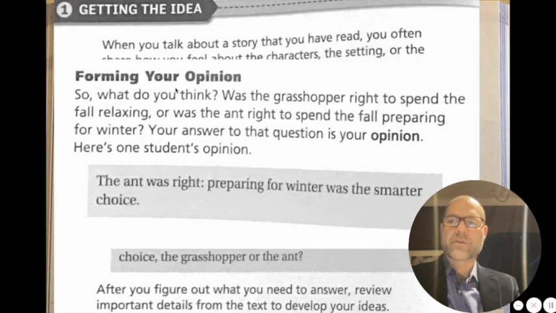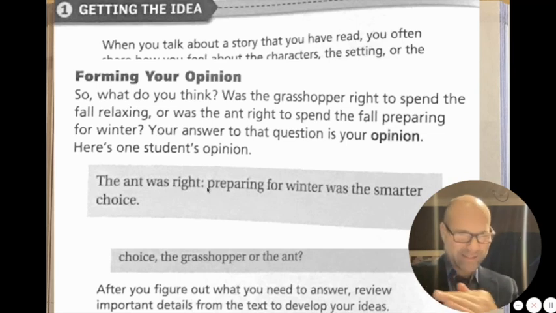So, forming your opinion. What do you think? Was the grasshopper right to spend the fall relaxing, or was the ant right to spend the fall preparing for winter? Your answer to that question is your opinion. Here's one student's opinion. The ant was right. Now, I don't want you to use colons, okay? This is a colon.